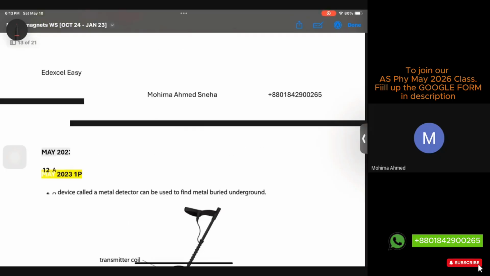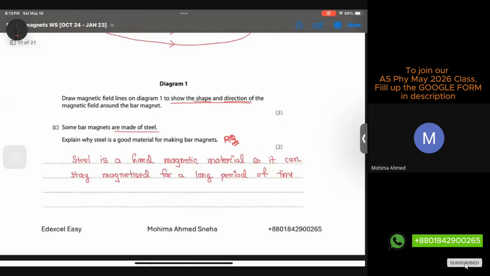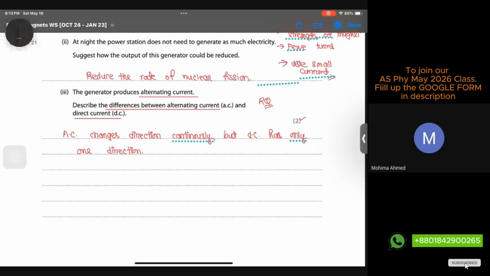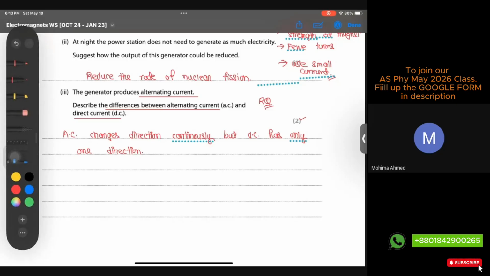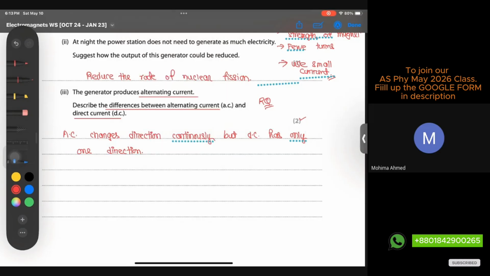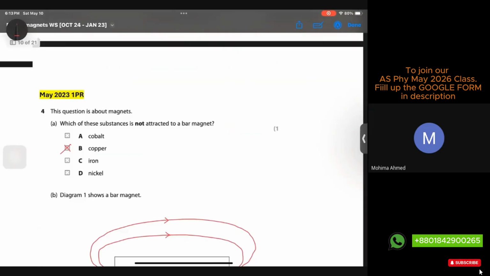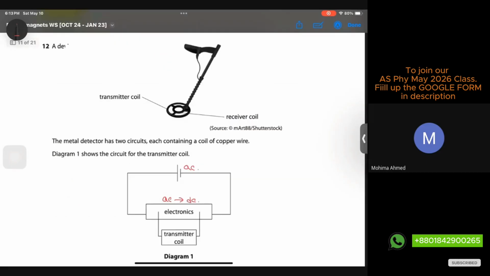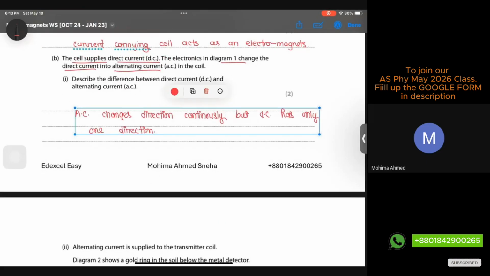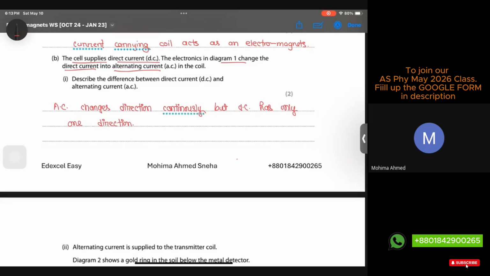I think I've already written that in the previous part. This is the difference between your DC and AC. There's no point in writing the same answer again, so I'm just going to copy this and paste it. The answer is the same everywhere for direct and alternating current.